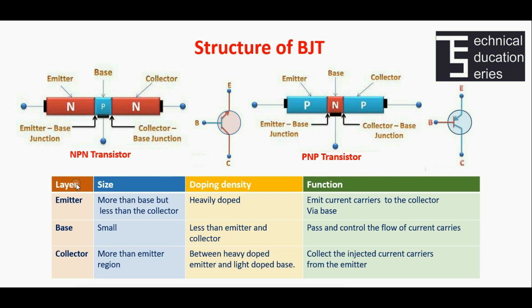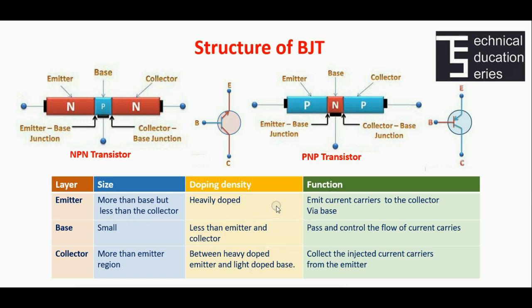Let us see the table. Here the size of the emitter is more than the base but less than the collector. The size of the base is smaller than both the collector and the emitter, and the size of the collector is more than the emitter and the base. For doping density, the emitter is heavily doped, the base is less doped than the emitter and collector, and the doping density of the collector is between the heavily doped emitter and the lightly doped base.